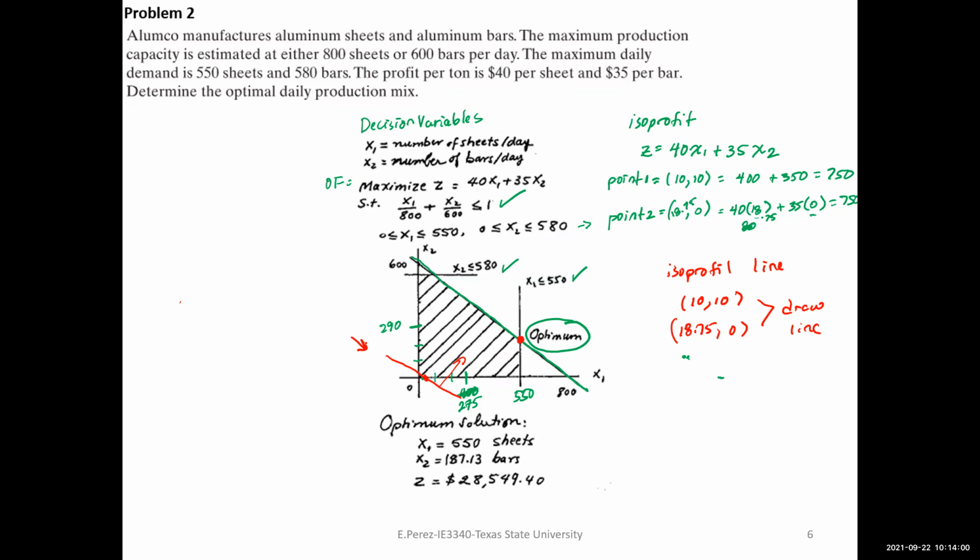And 580 for the bars. Yes. So x2 is 187. Just, the profit per ton is 40, I mean, I know what the ton is, but I'm just not sure.